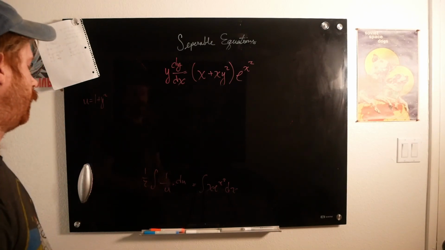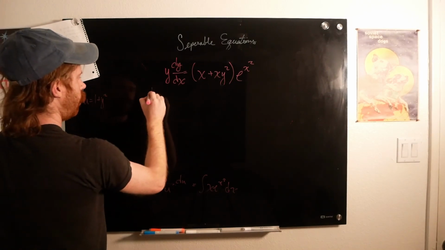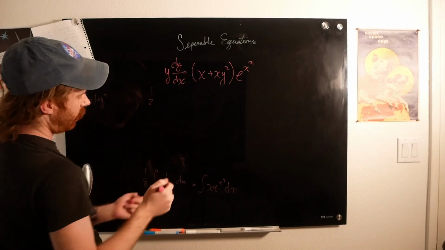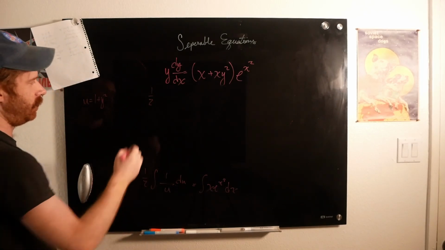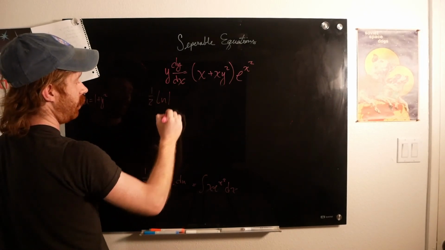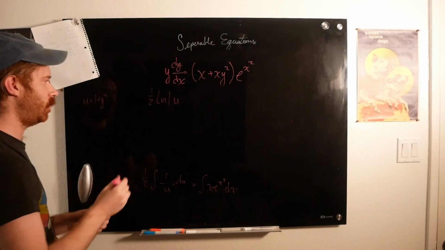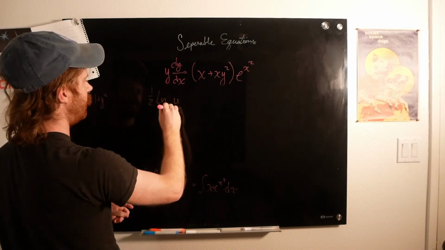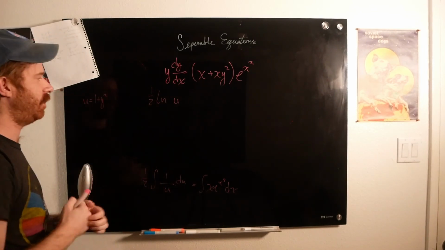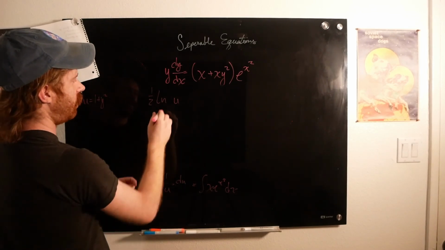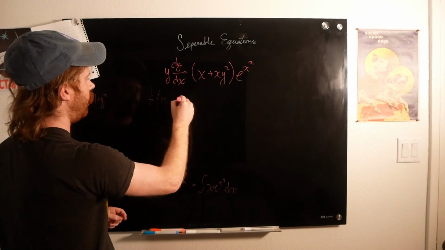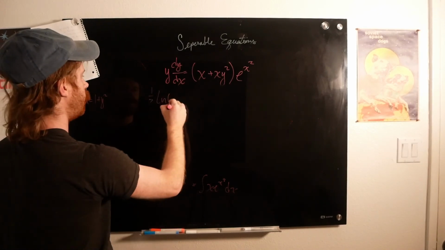Just remember that. So now we can do 1 over 2 times the integral of 1 over u du, which is just going to be the natural log of u, which in this case u equals 1 plus y squared. We don't need the absolute value sign because this will never be negative for whatever value of y you put in. So instead of putting the natural log of u, I'm going to put 1 plus y squared.